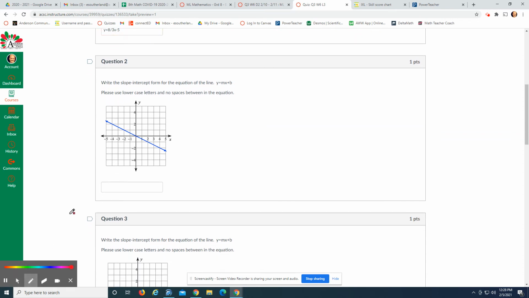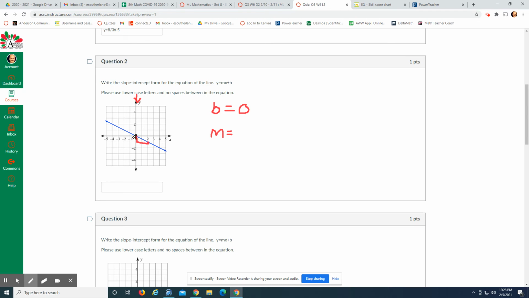For this question, I need the same thing. I need to know what b is, which is the y-intercept, and I need to know what slope is, which is m. So the b for this problem is right here. It's wherever it crosses the y-axis at. And so it's 0. And then I'm going to find where it crosses again in the corner of a box, which is right there. I'm going to draw a right triangle.